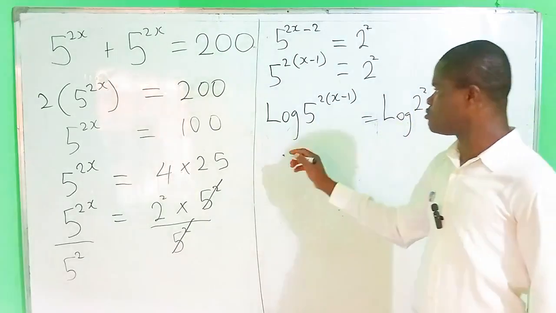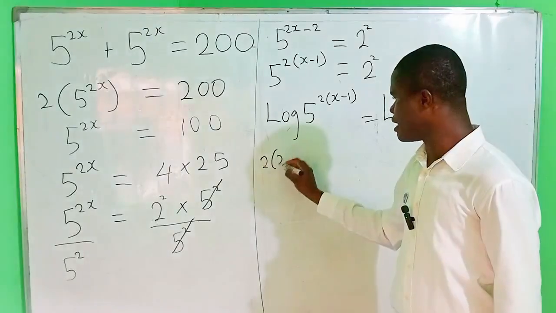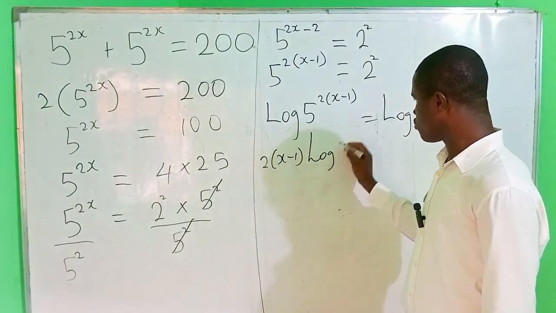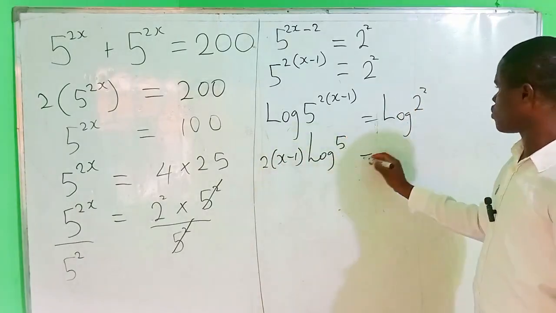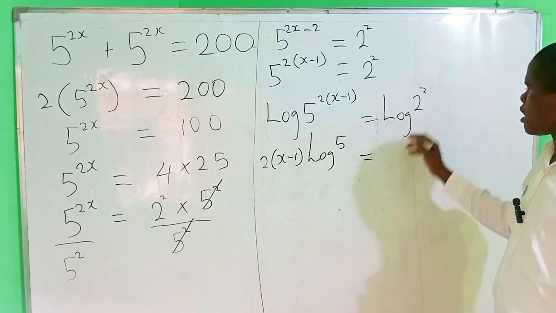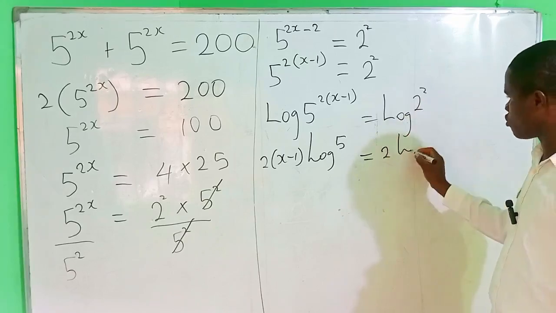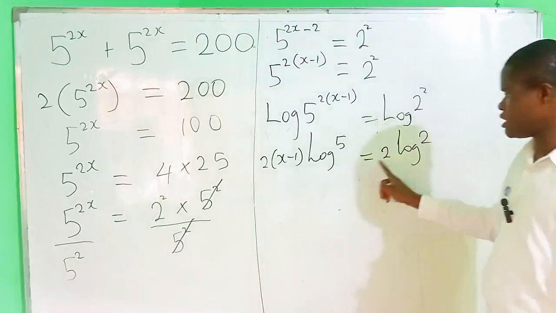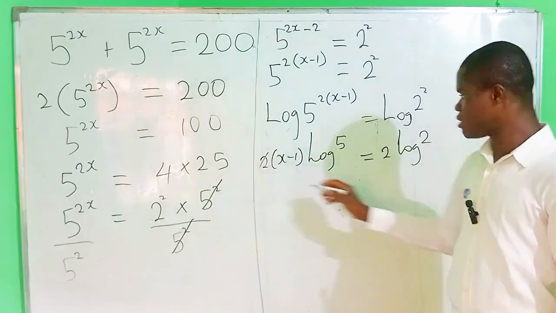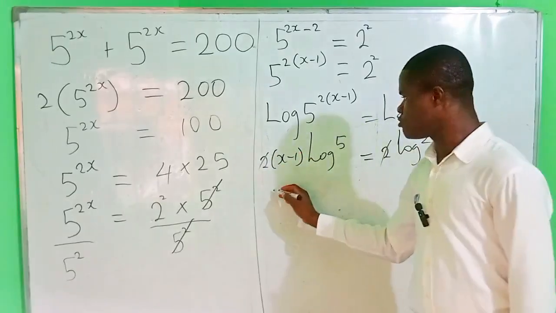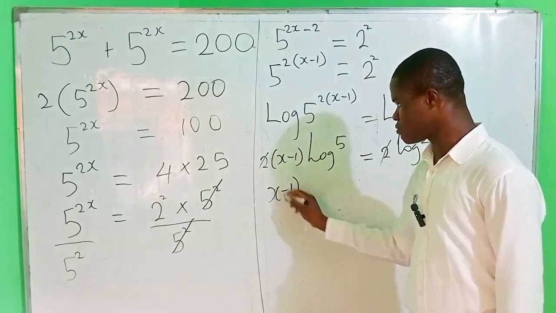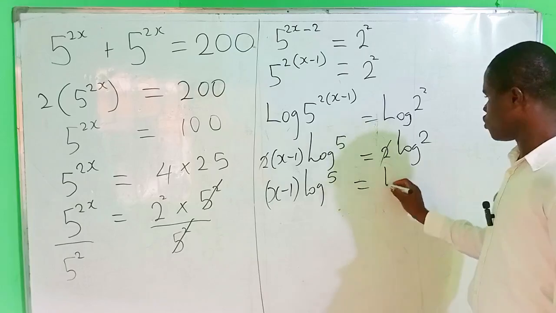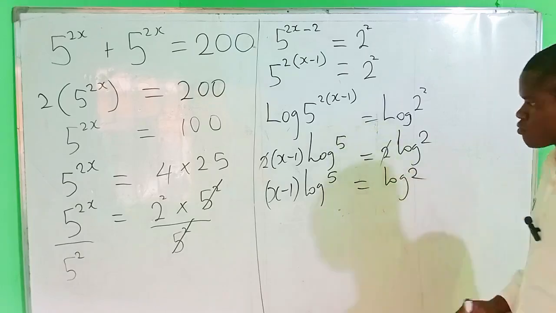Bringing down the powers, it becomes 2 bracket x minus 1 log 5 equal to 2 log 2. Since these 2s are the same thing, they can cancel out. So this becomes x minus 1 log 5 equal to log 2.